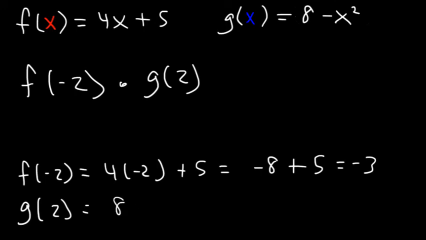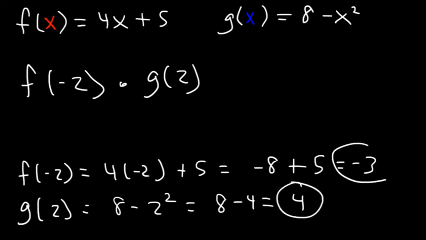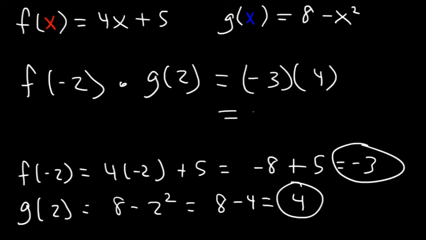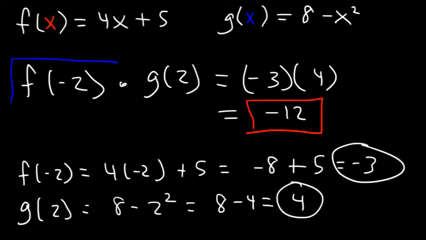So that's 8 minus 2 squared. 2 squared is 4. 8 minus 4 is 4. So now that we have these two values, let's replace f of negative 2 with negative 3, and g of 2 with 4. So negative 3 times 4 is negative 12. So that's the value of f of negative 2 times g of 2. All you have to do is simply find the values and then multiply them.